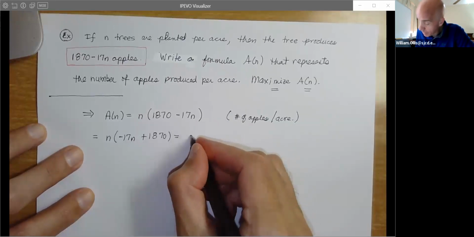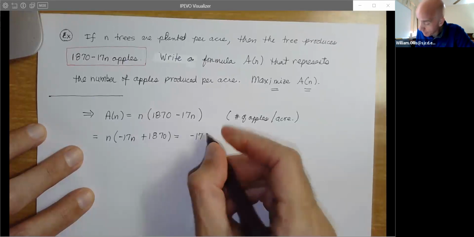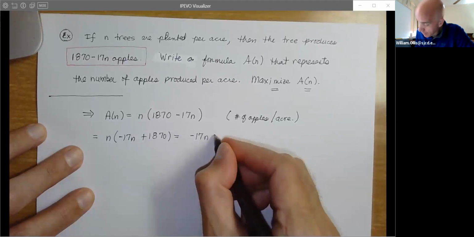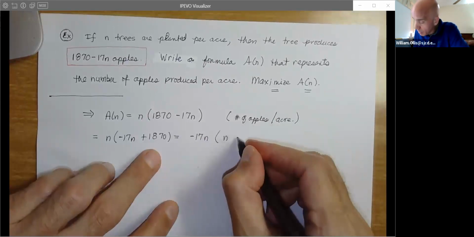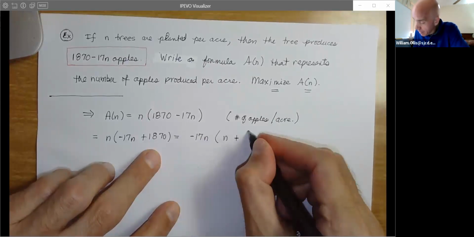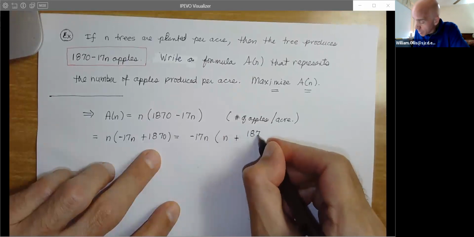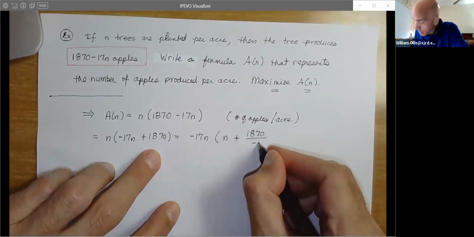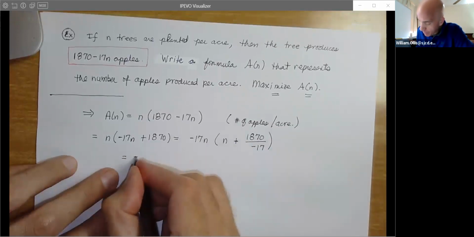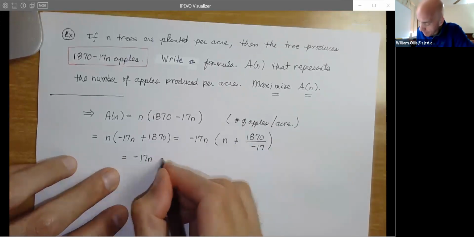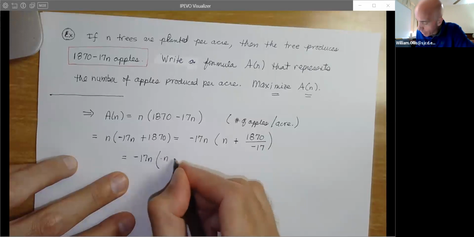So we'll have negative 17n times n, and so here we need what? Plus 1,870 divided by negative 17. So we have negative 17n, and these numbers work out okay.